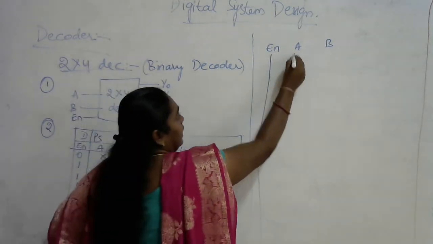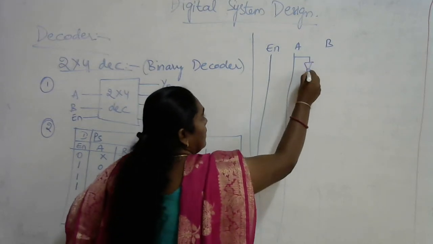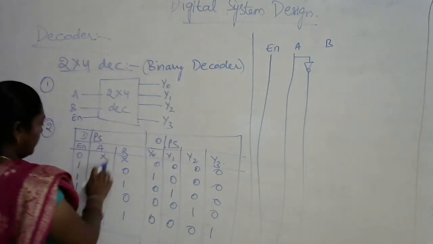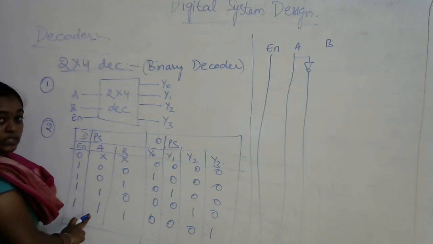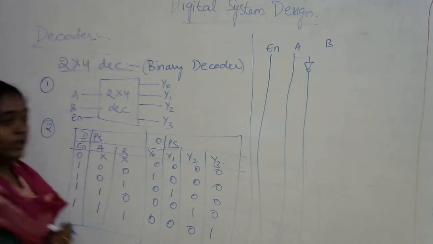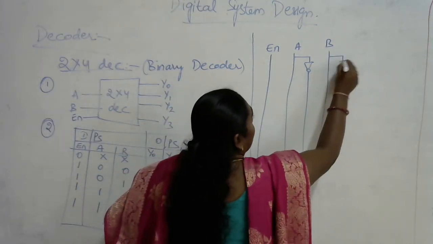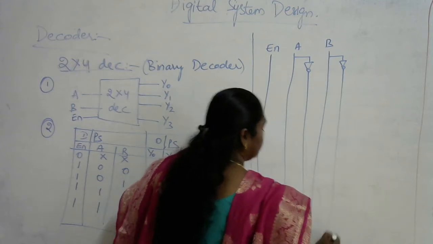But under A, I need to draw two lines. One is A and the other one is A bar, because under the A column we have zeros as well as ones. So 0 itself indicates A bar, and 1 itself indicates A. Similarly, under B also, I need to draw B followed by B bar.